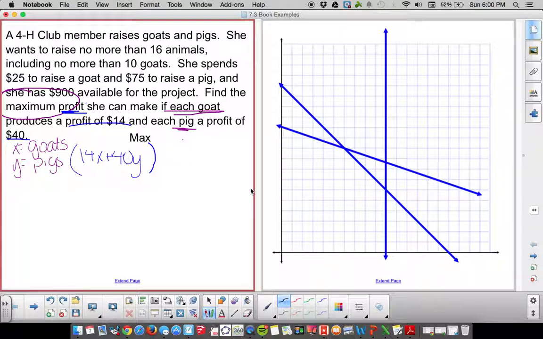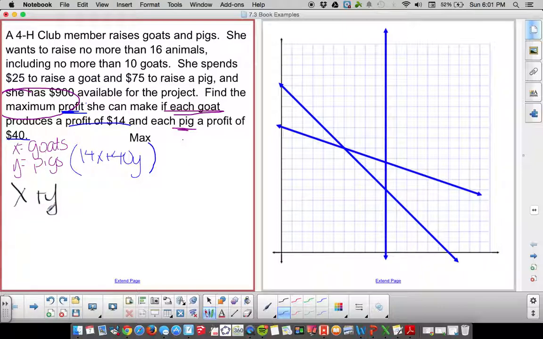That means that however many animals she has, 16 is the largest amount. So if she has so many goats, that's the amount of X, and so many pigs, that's the amount of Y. So I'm going to have x plus y can be no more than 16.